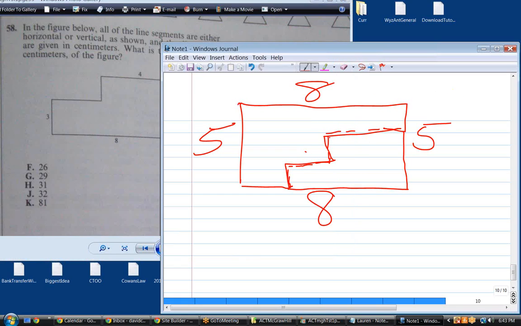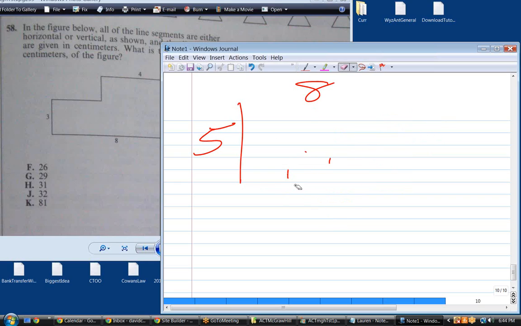But this other principle is more important to know, because you'll see problems where they give you this notched figure and do not give you the information that even allows you to figure out what these dimensions are. So you can't figure it out the easy way on some of those problems. And you have to know that the notched figure has the same perimeter as the unnotched rectangle would have. Okay.